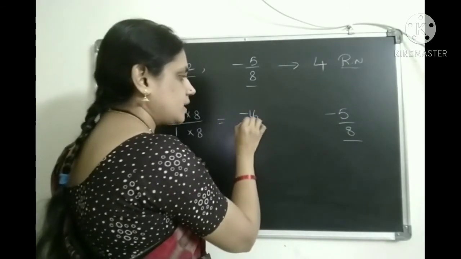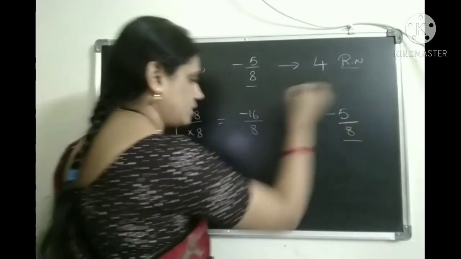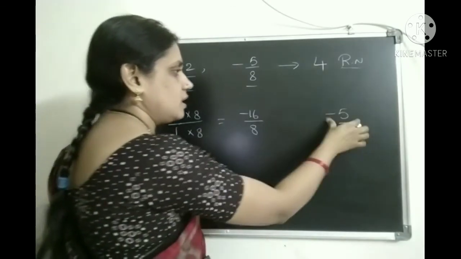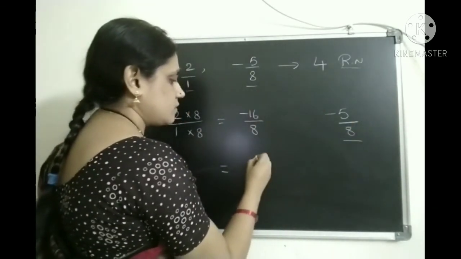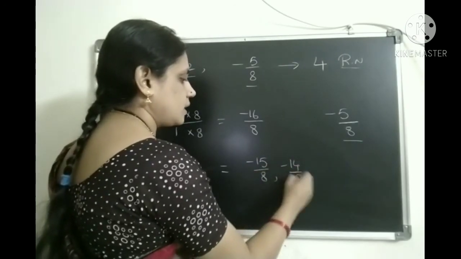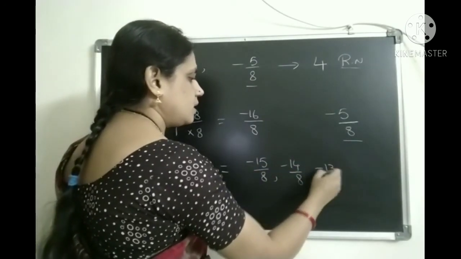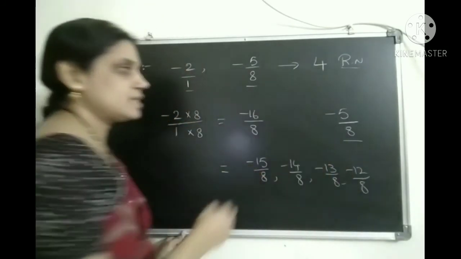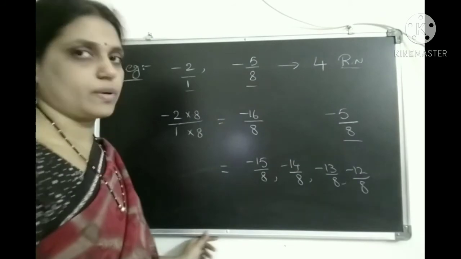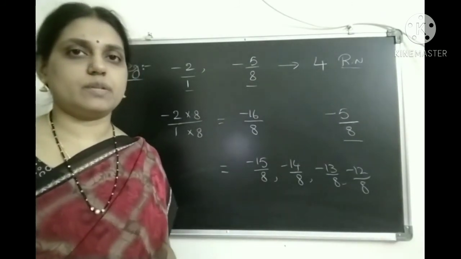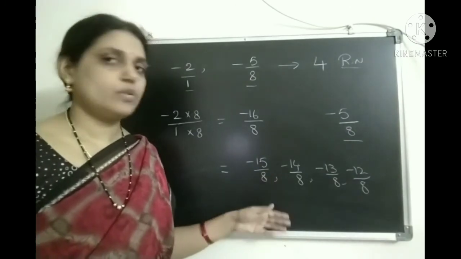So between minus 16 and minus 5, what are the integers we have? Minus 15 by 8, minus 14 by 8, minus 13 by 8, minus 12 by 8, like that until minus 6 by 8, you can write any 4. Many rational numbers will be there between any 2 rational numbers, so from those you can write any 4.